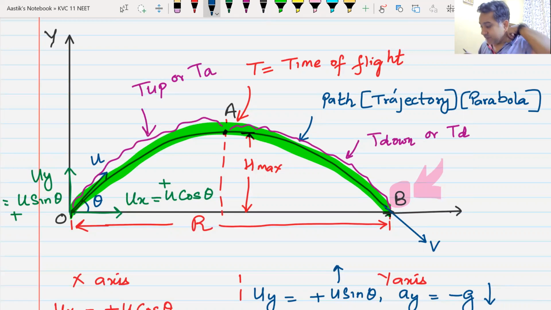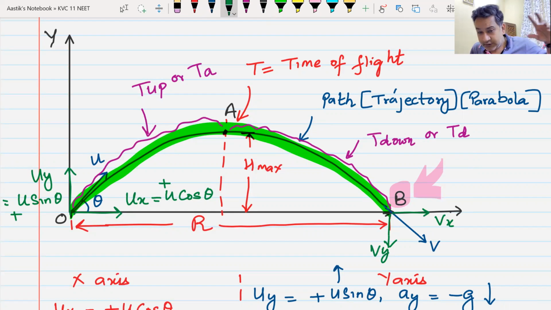Now this velocity V can be resolved into two components. One will be Vx and one would be Vy. It was thrown with certain velocity. It falls back with certain velocity. I'm calling that velocity V. Do we understand this, everyone? What can you say about Vx?